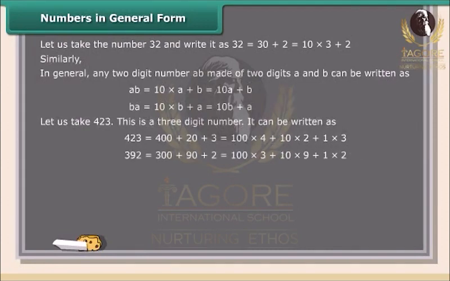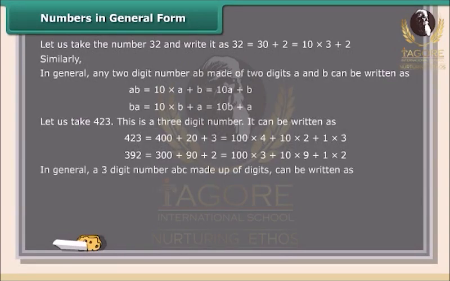392 is equal to 300 plus 90 plus 2, which is 100 into 3 plus 10 into 9 plus 1 into 2.